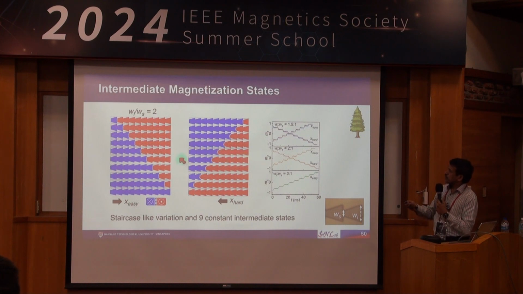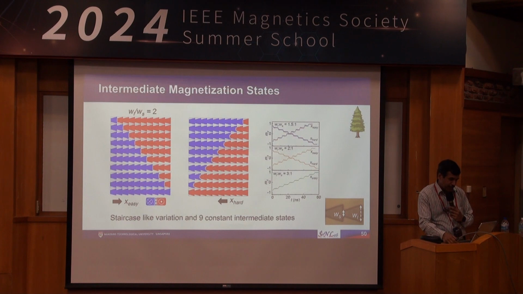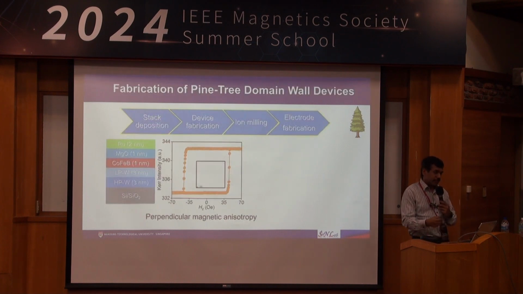If you look at these results, for example, when the width of the larger segment is very large, we can move the domain wall only from one side to the other, not from this side to this side. You can easily move it one way, but you cannot move from right to left. So this is the domain wall diode device that we have proposed for synaptic applications.